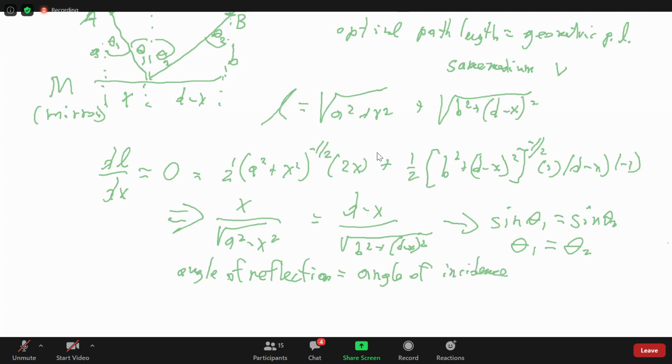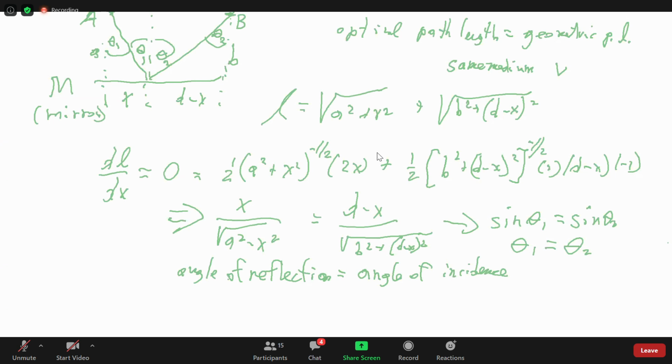So we use what are referred to as variational principles to show that light will always travel in a minimum amount of time between two points. We derive Snell's law and we derive the angle of incidence equals angle of reflection law.